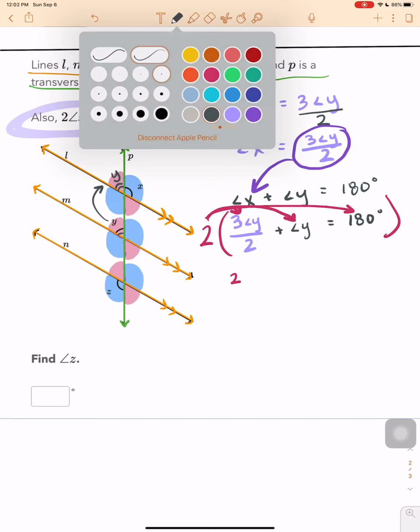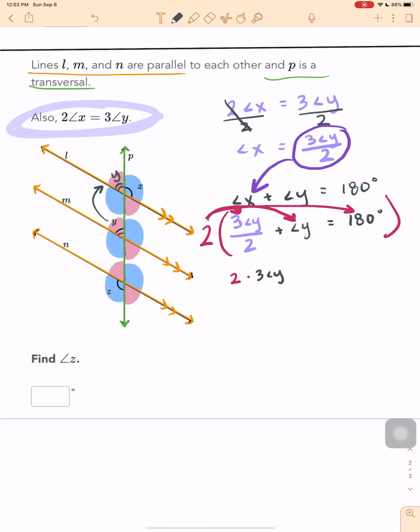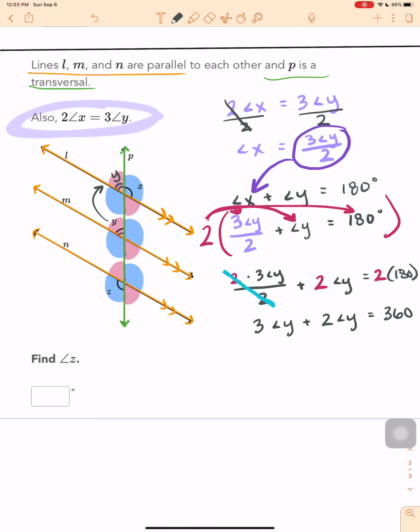So we have 2 times 3 times angle y, all divided by 2, plus 2 times angle y is equal to 2 times 180. Here, 2 divided by 2 is just 1, so that eliminates the denominator. Now I have 3 times angle y plus 2 times angle y equals 360 degrees, 180 times 2.